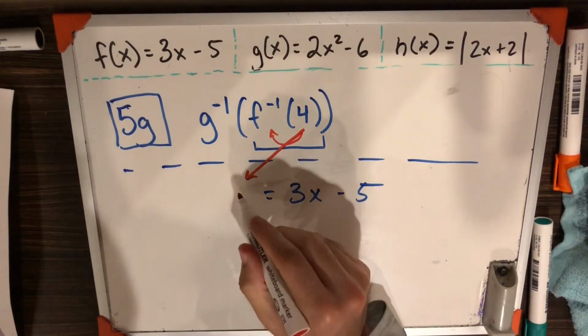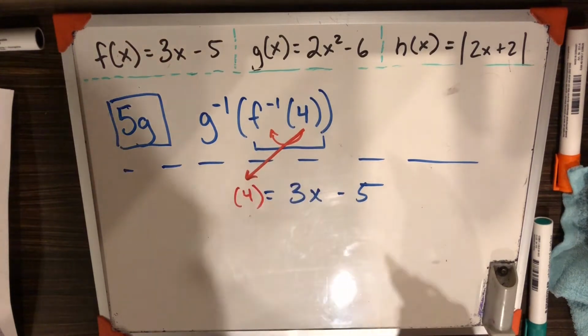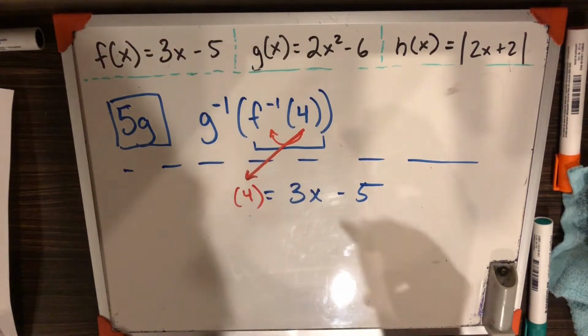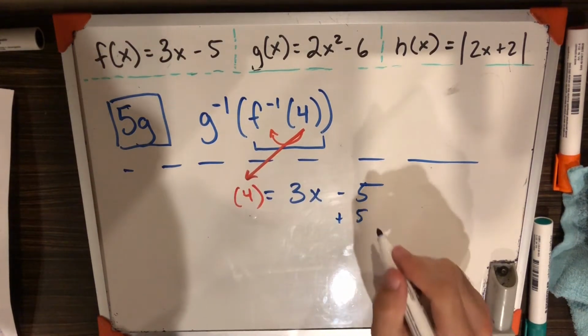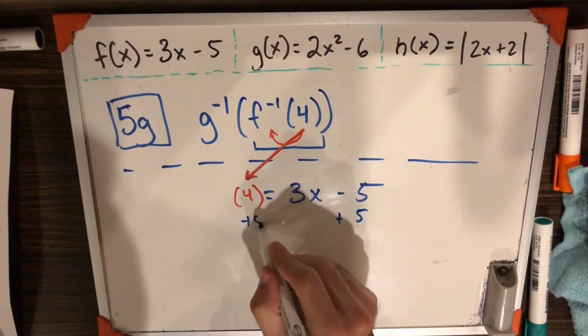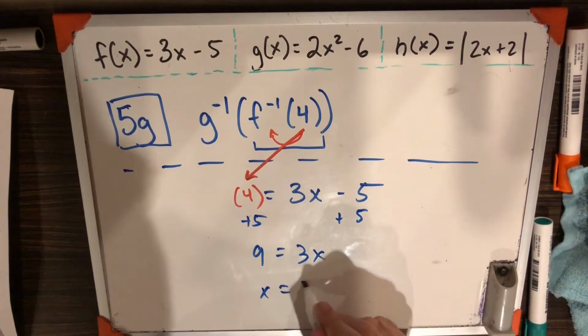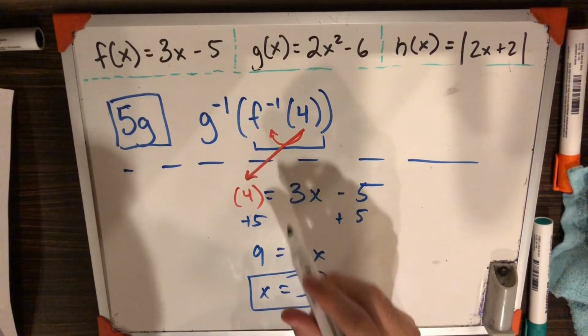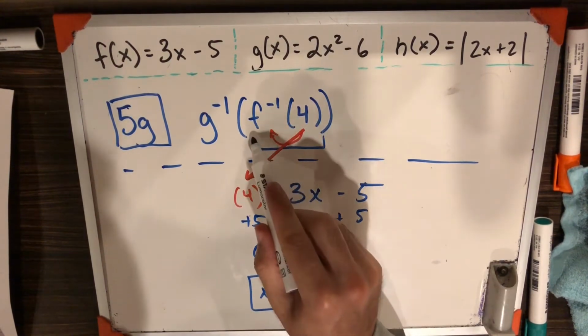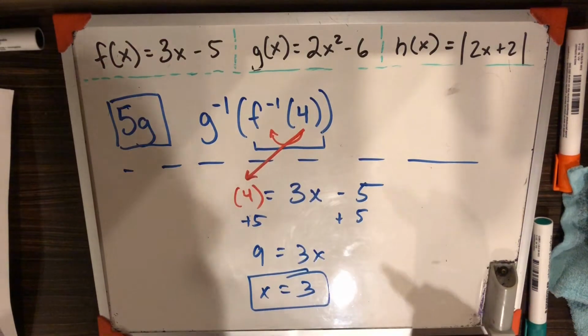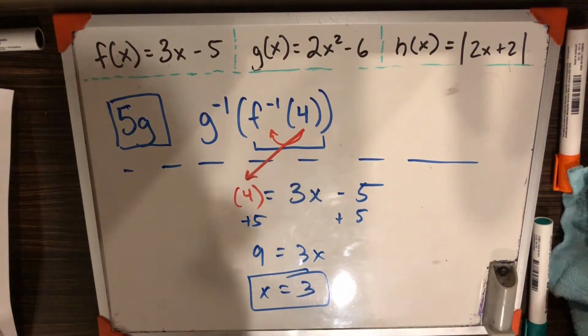So I'm going to plug this in for y. Let's see what we end up getting. For f inverse of 4, 4 plus 5, 9 is equal to 3x. I know x ends up being 3. Okay, so at least I know what this value is, f inverse of 4. I know x is equal to 3.